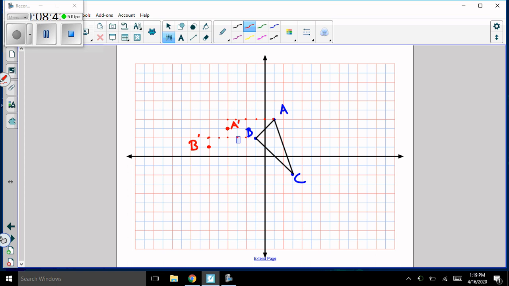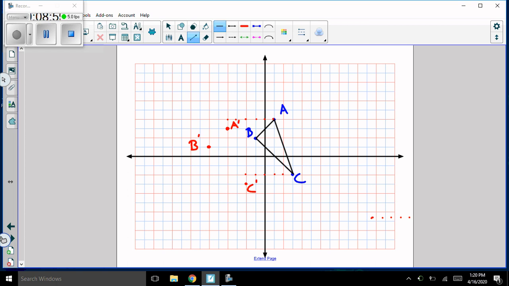Try to get rid of these other dots. Okay? And then C prime, I'm going to go 5 to the left, 1, 2, 3, 4, 5, and down 1. So C prime should be located right there in that particular spot.